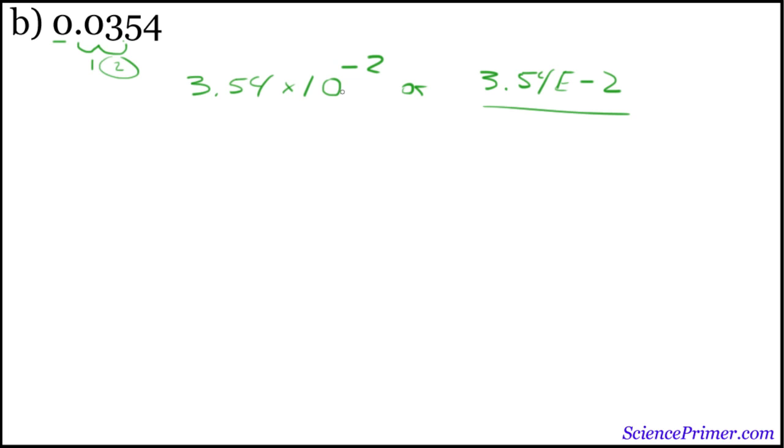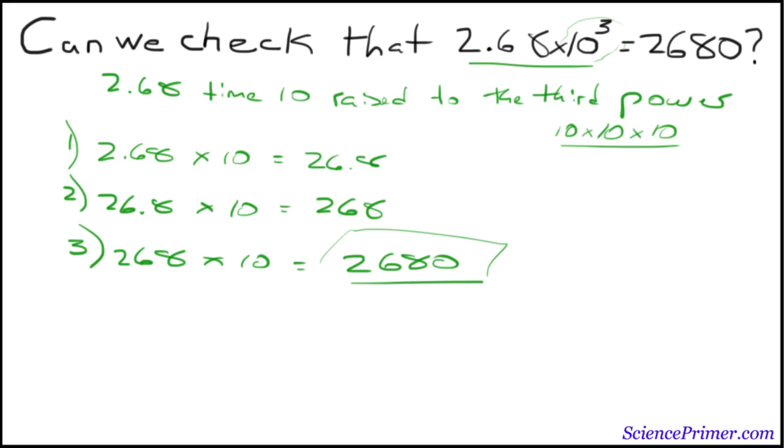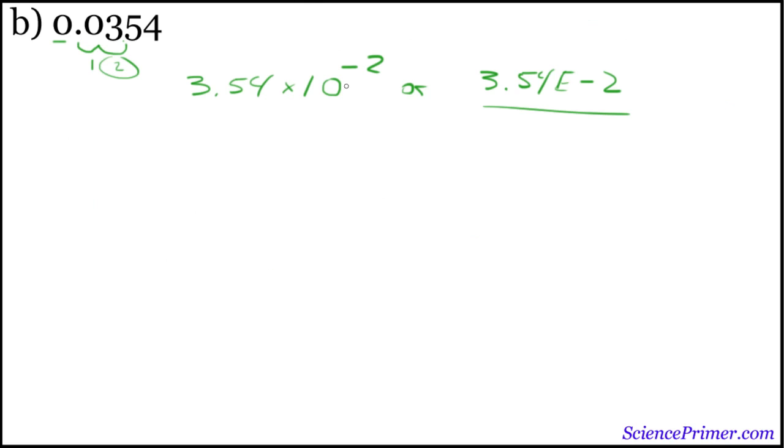Now the difference between this last problem, where we checked it this way, is that if the exponent is negative, that means we're dividing by 10. So in this case, what we're saying is we're taking 3.54 and dividing by 10 2 times to get from the scientific notation format back to the original number. And we can check this.